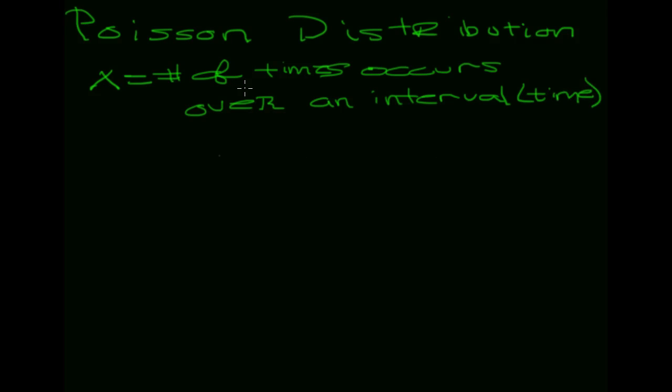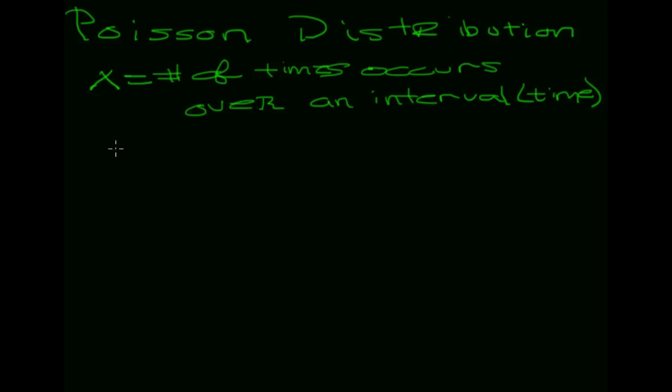So this could be the number of times a student enters the room in an hour, the number of times a taxi cab passes a certain point in 30 minutes, or the number of times a player hits a baseball during a game. So this could be a Poisson distribution.